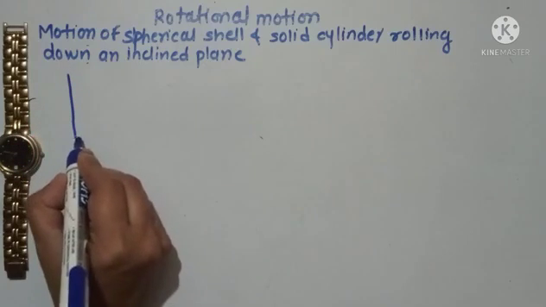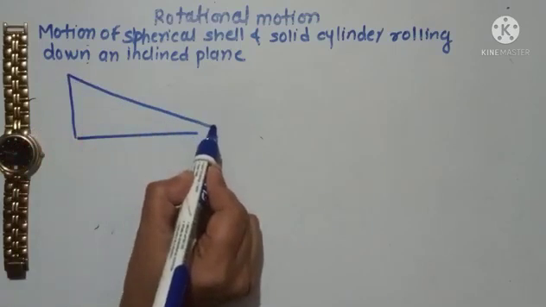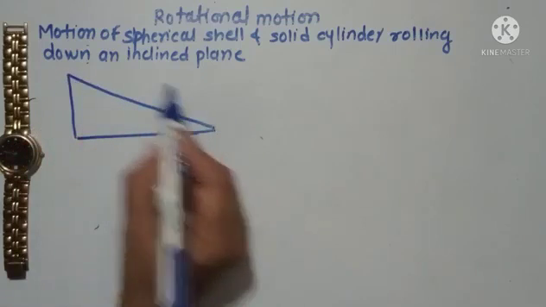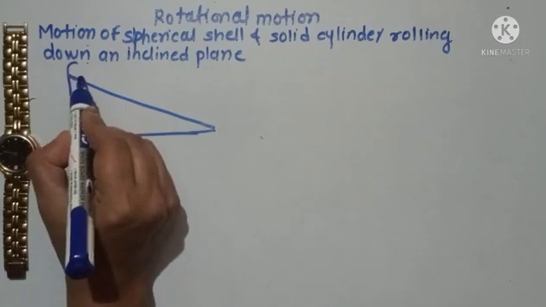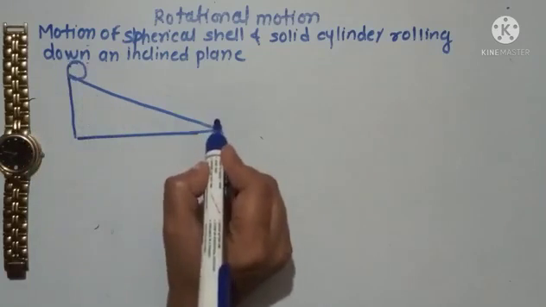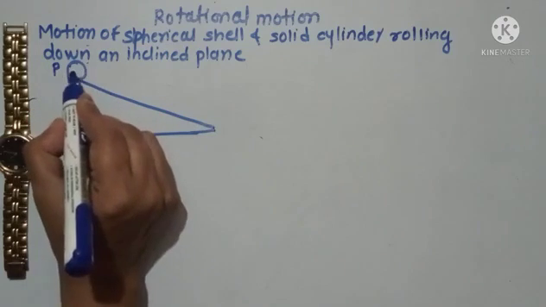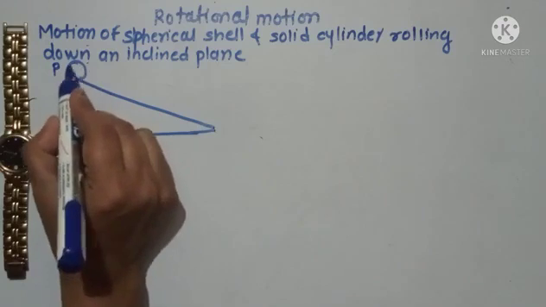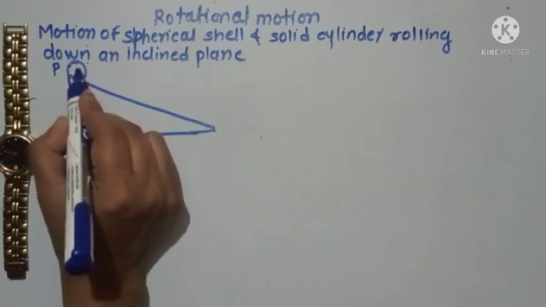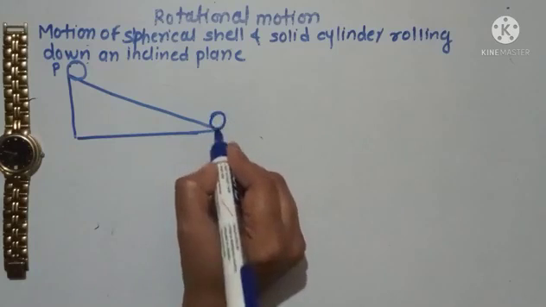Suppose this is an inclined plane, and here is that spherical body or the solid cylinder. Now let me call this the position P at the time t equal to 0. So this sphere or the solid cylinder is at rest, and after time t it will reach this point.